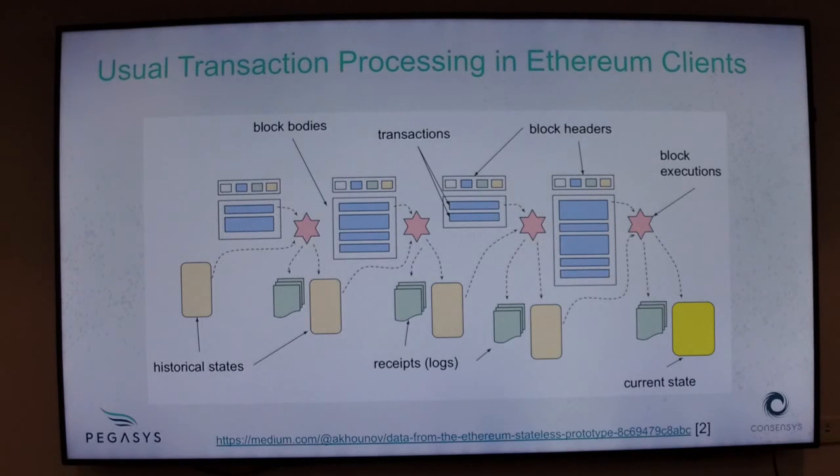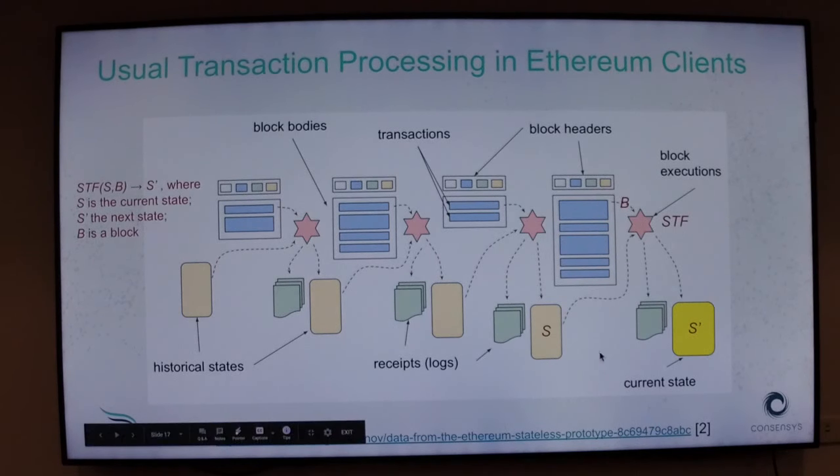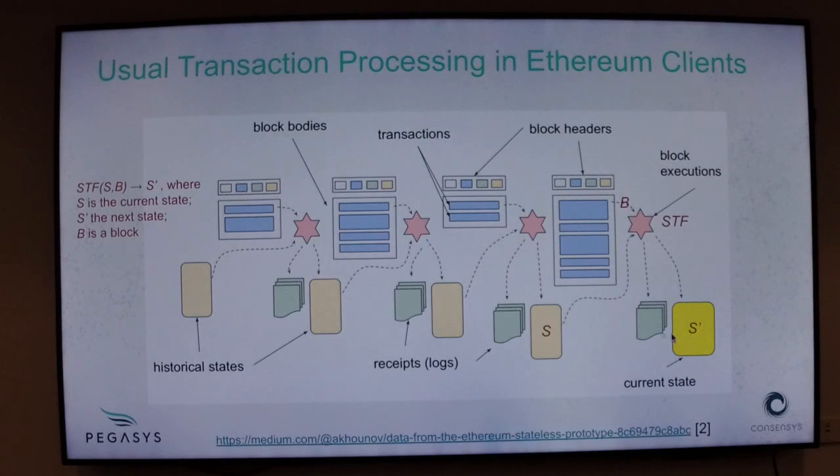If we look at the concept in mathematical terms of a state transition function, we would have here our state. So this is our state transition function. So this is our current state. B is the block. We include those in the state transition function, and out we get the current state. So that's just a visual representation.